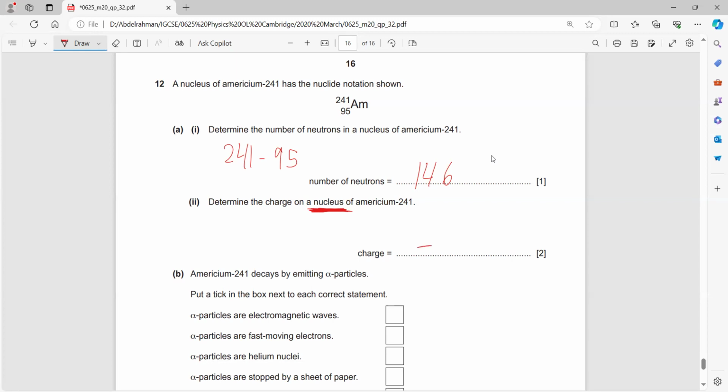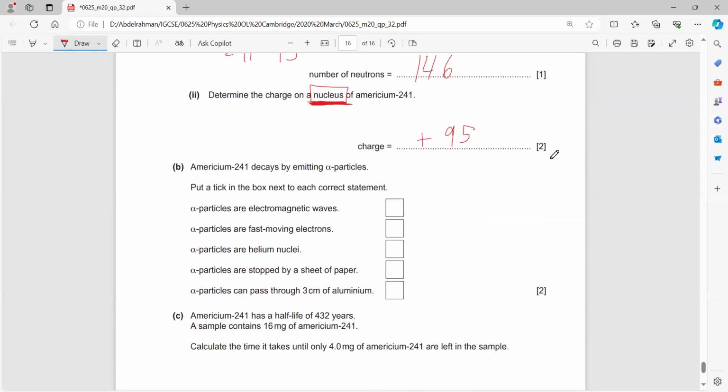On the nucleus, whenever I say on the nucleus, it's the number of protons in this nucleus. On the whole atom, it would be 0. But what is the charge on the nucleus? It is the number of protons found inside the nucleus. Why? Because the protons are the only charged particle inside the nucleus, so positive 95 in this case.